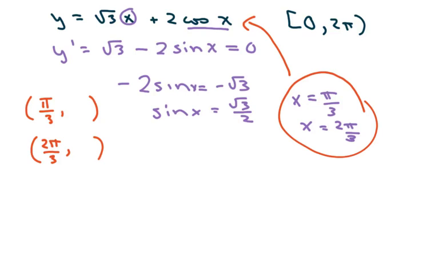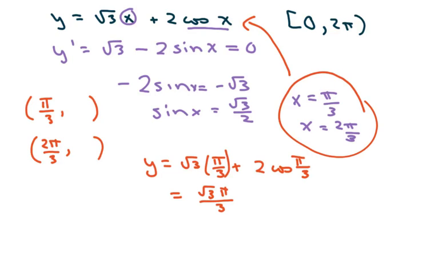So I plug that in. I get y equals square root of 3 times pi over 3 plus 2 cosine of pi over 3. This equals square root of 3 pi over 3 plus 2 times 1/2, which equals 1.